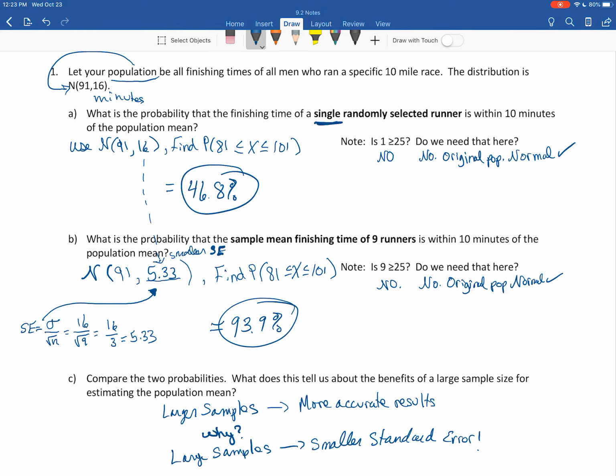Because we had this smaller standard error, it was much more likely that the average finishing times of these bigger samples were going to end up within that same range than any one given person. If you only pick one person, you could very easily pick one very fast person or one very slow person. But once you pick a good size sample and average those all out, that should be closer to what the true average is.